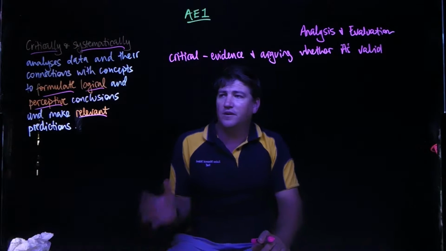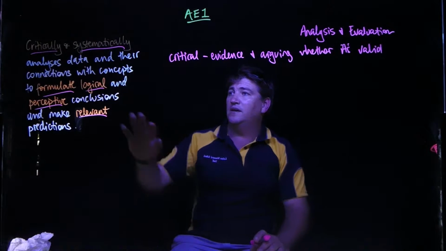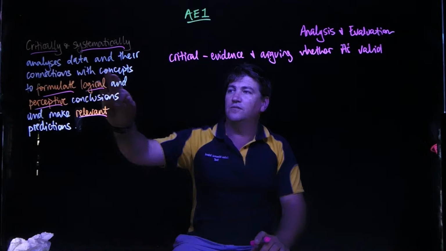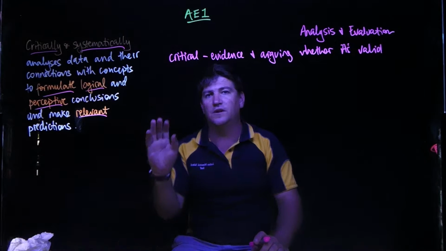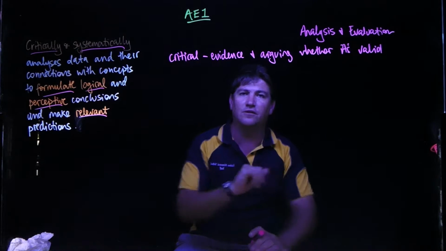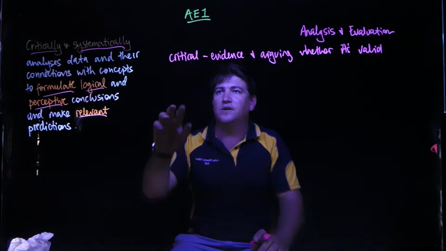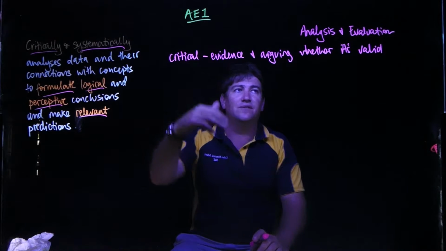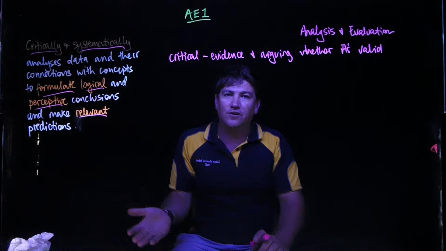So you're looking at the connections with concepts: the experiment you've done, the data you collected, and the concepts under investigation. And you're looking at whether your evidence is valid in that context.